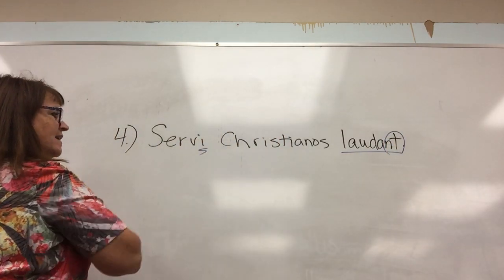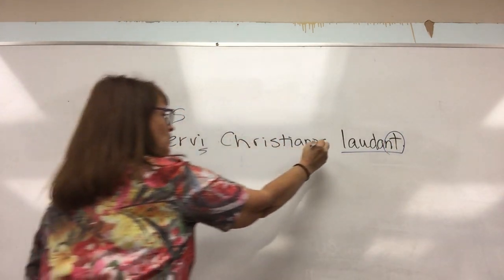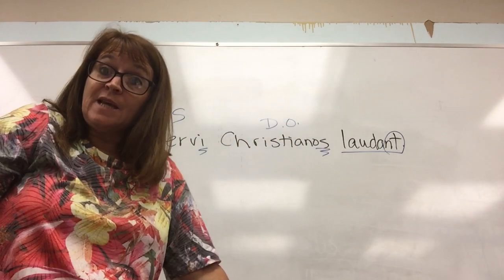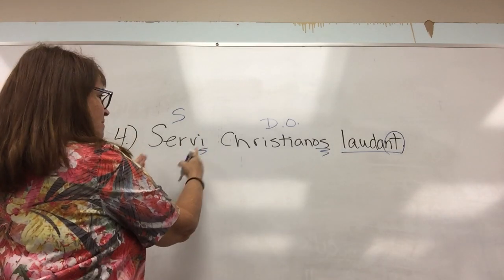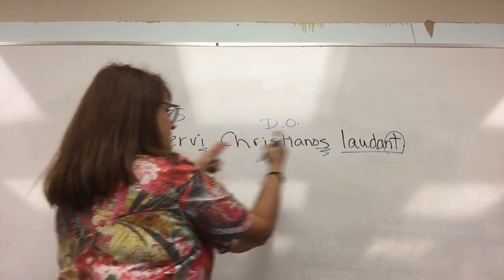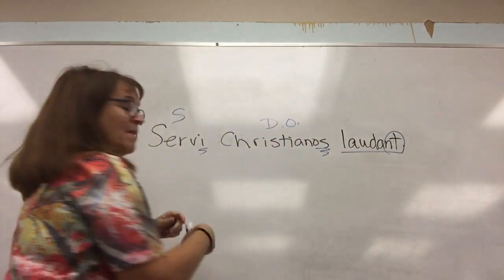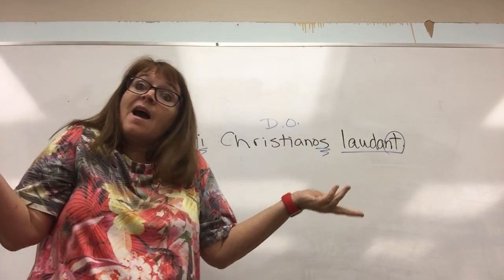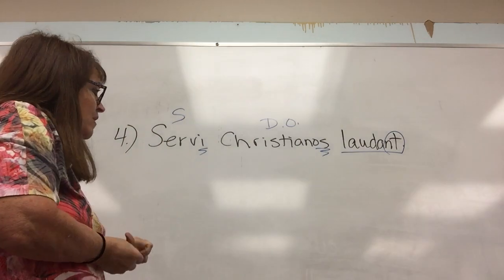Look at that. Again, same thing. Subject, os. Hopefully now, right away, you know, os, direct object ending. Okay? Subject, verb, direct object. Servants praise Christians. Remember, you could say the. The servants praise the Christians. But Latin doesn't have words for a or the, so we don't know.